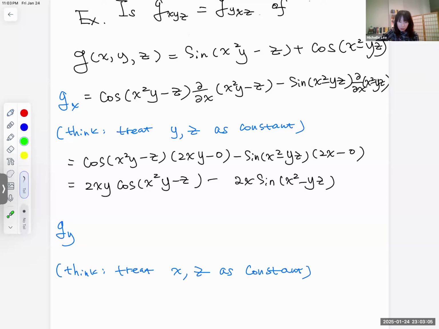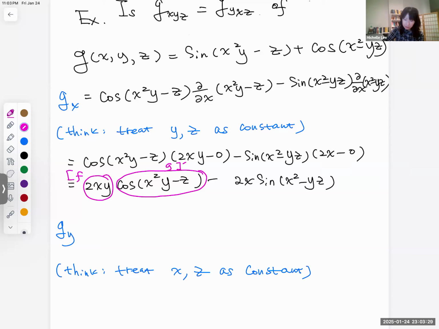All right, so looking at this one, we are using the product rule, with y, right? So f, g, and we do the derivative, f prime g plus f g prime, right?